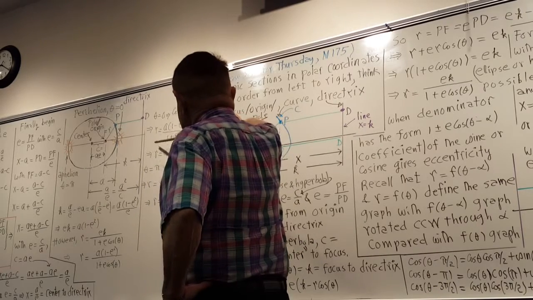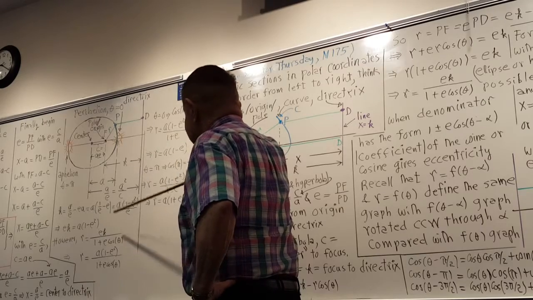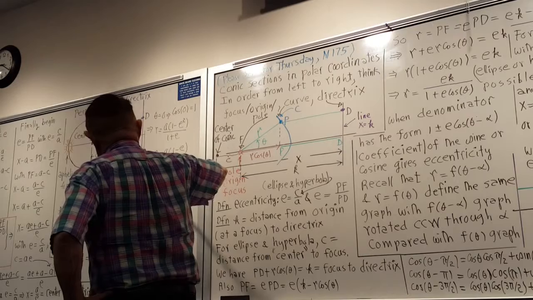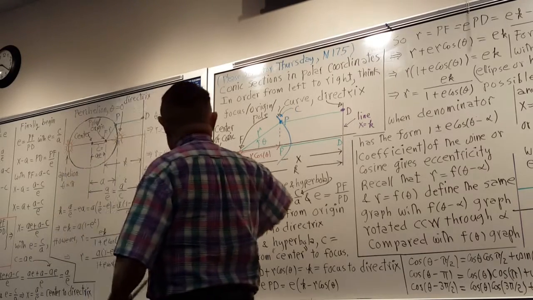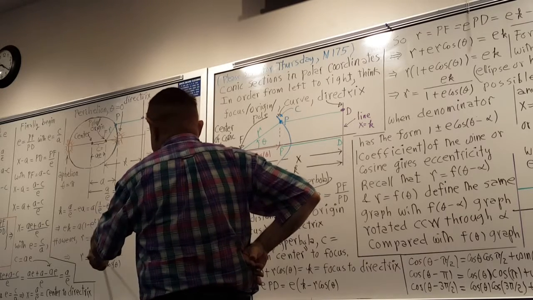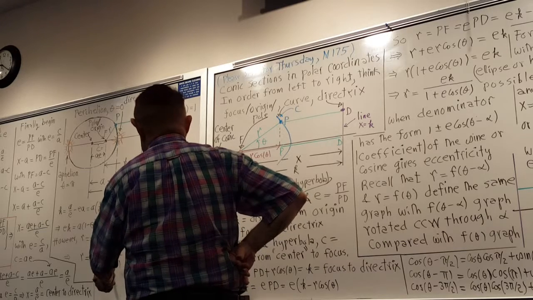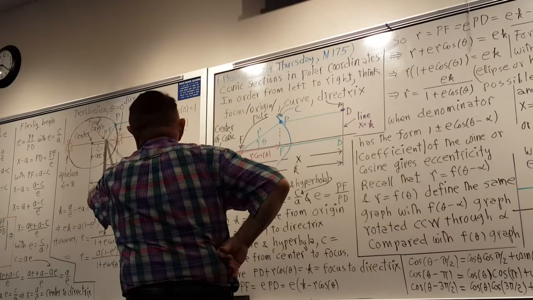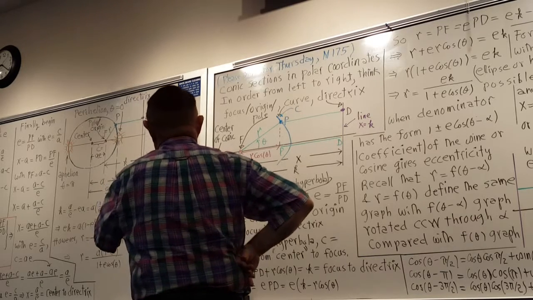So then you can find out from this what would be the distance at perihelion, which is closest to the sun, or aphelion. So you see, if your theta is 0, if you're thinking of theta as the angle right there, then you're here at perihelion.